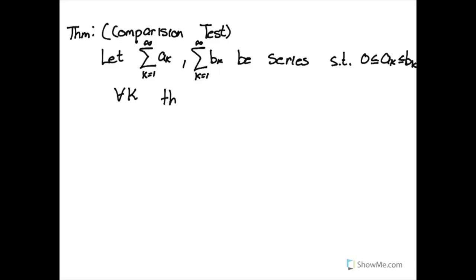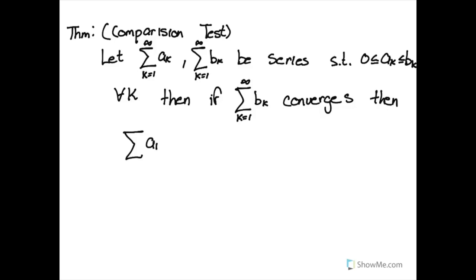Then, if the bigger series, which in this case is the sum of bk, converges, then the smaller series also converges. That implies that the sum of ak converges as well.